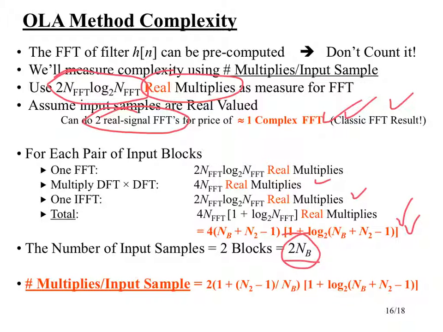And so here is that quantity. I've just taken this quantity here, and the NB from here is dividing right there. So that's the number of multiplies per input sample.